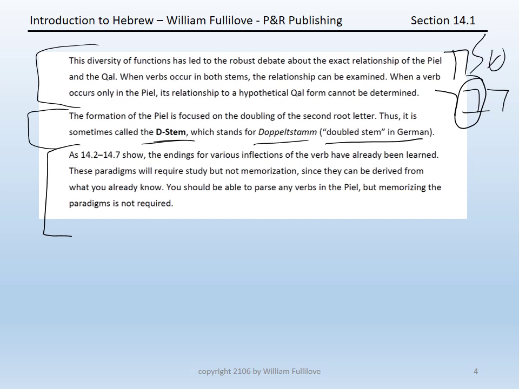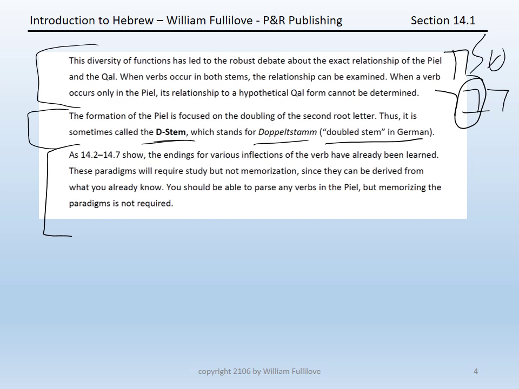So you already, by memorizing the Qal perfect paradigm, know the endings for the perfect. Those same endings will be the endings used for the Piel perfect. So both suffixes and prefixes will simply be what you already know. The only changes will be in how the remainder of the verb is formed.